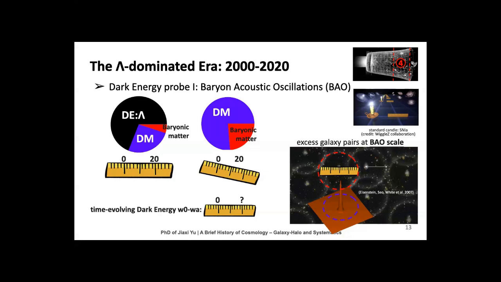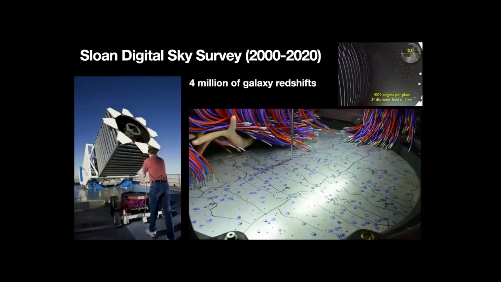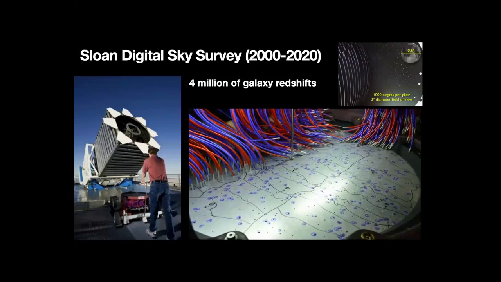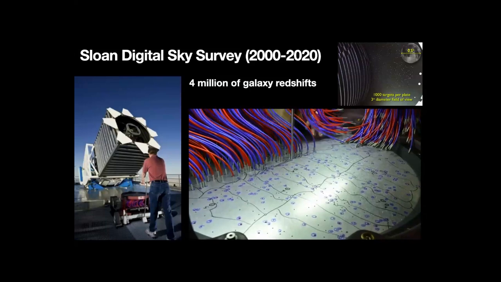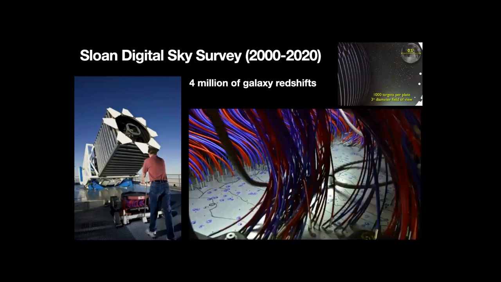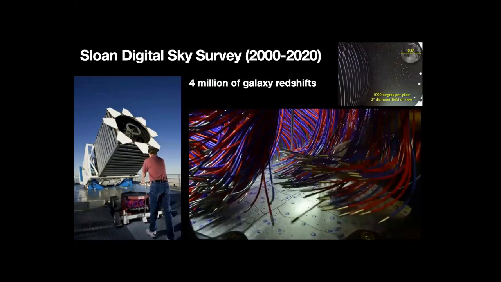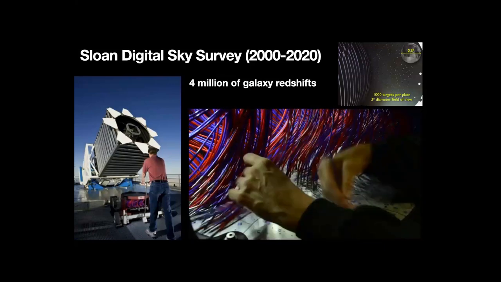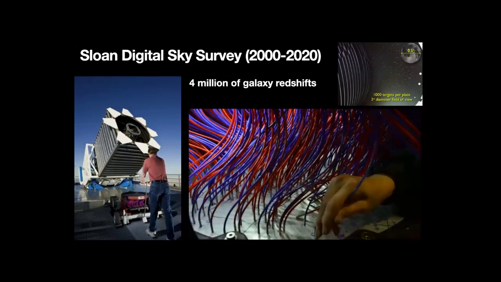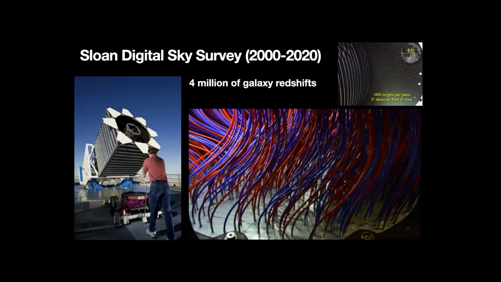So there's been a lot of work, in particular with the Sloan Digital Sky Survey, to survey the galaxy redshift distribution. That experiment, over 20 years of observation, collected 4 million galaxy redshifts. Okay, 20 years.